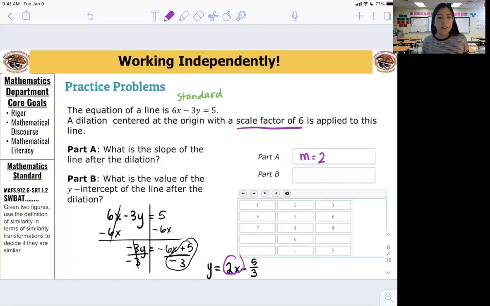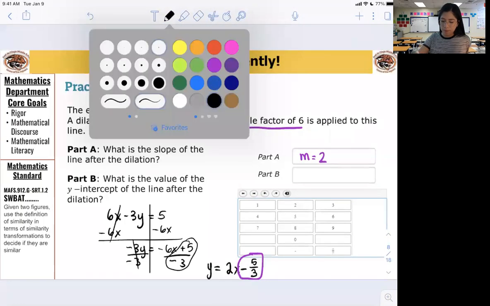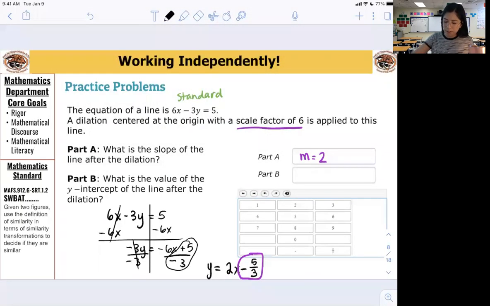Part B, what is the value of the y-intercept of the line after the dilation? So the y-intercept of the original is negative 5 over 3. But that's a coordinate point. That's 0, comma, negative 5 over 3. And where's the center of dilation?